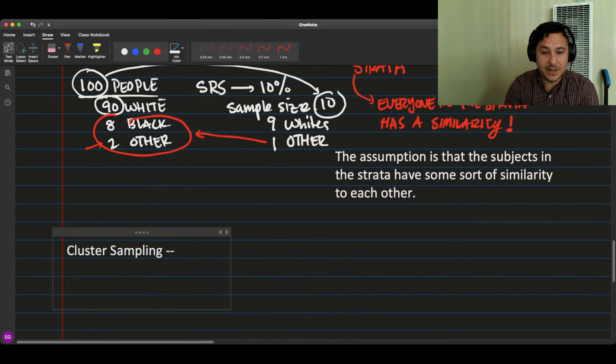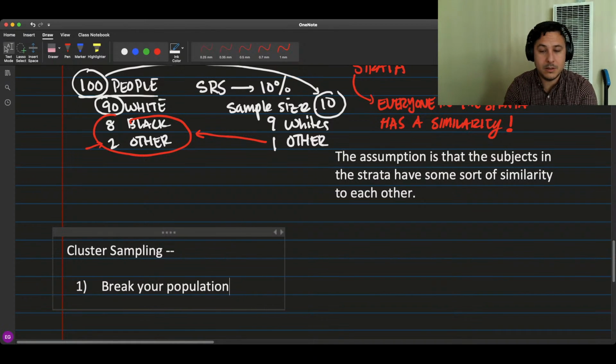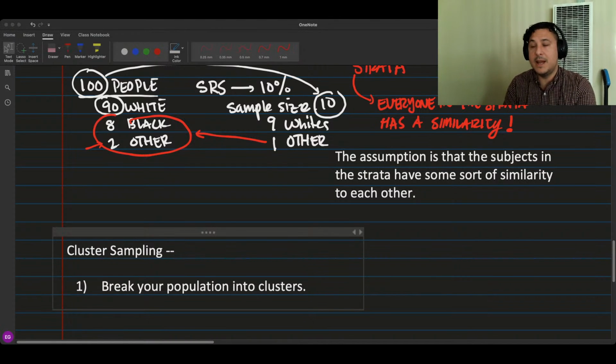Cluster sampling is very similar. You start with your population and you break it up into clusters. Now, the difference here is that while the people in each strata were similar in some way, like everyone in one of the strata was white, everyone in the strata was Asian, everyone in the strata was black, the clusters are not supposed to have something similar about them.